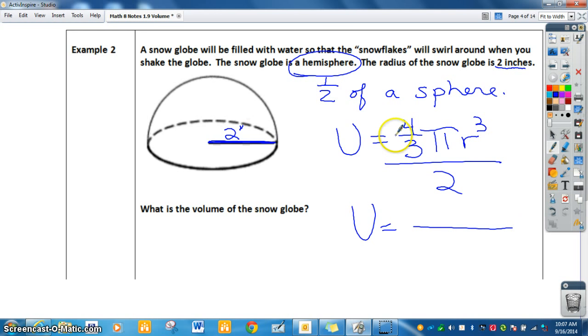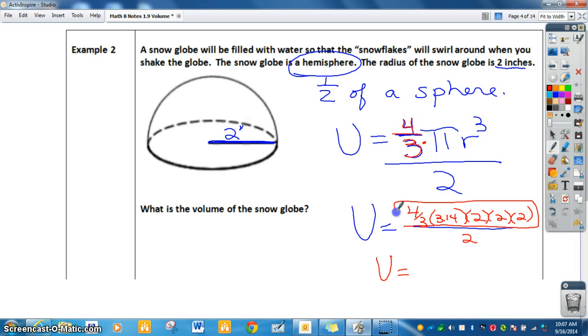So on your calculators again, do the top part first. 4 divided by 3 times 3.14 times, what's the radius? 2. And it's cubed, so that means there's 3 of them. What do you get on the top part here before we divide by 2? The volume of the whole sphere is 33.49.